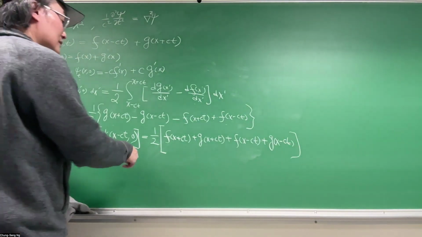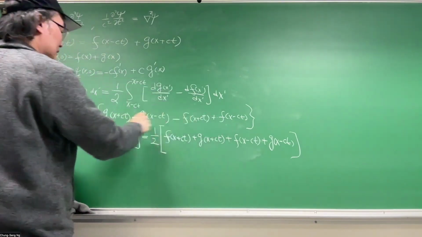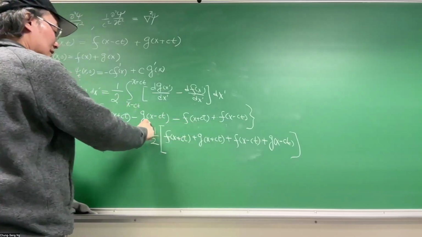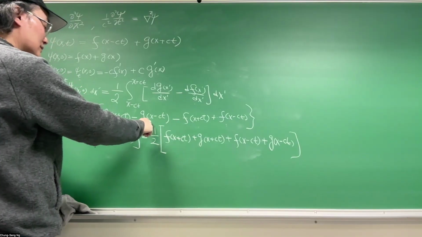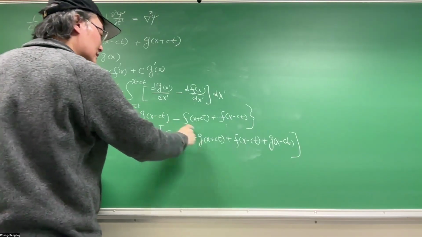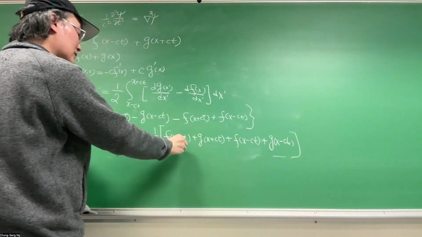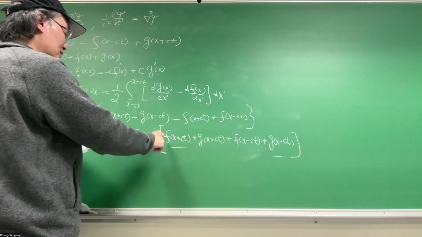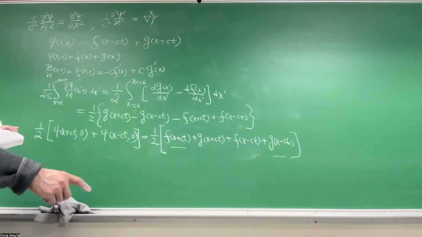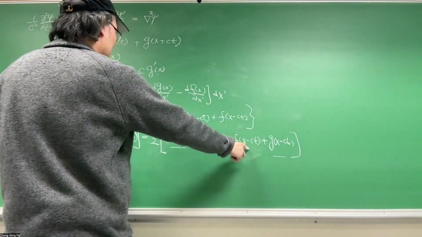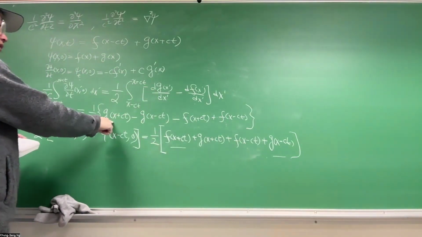Now remember that we want these two. We want this one and that one, but we don't want these two, right? So we can see if we can cancel these two. This one is this one, and this one is this one, and both have the same sign, right? This is negative sign, this is positive sign, and these are the two that we want, which have positive sign.